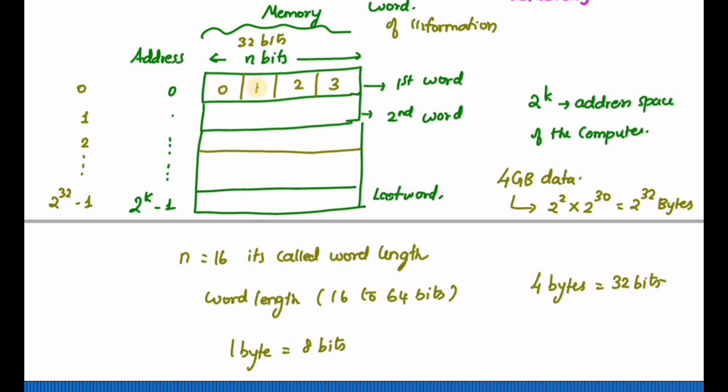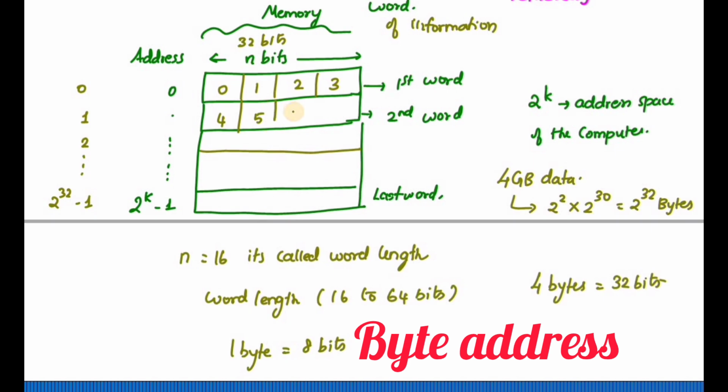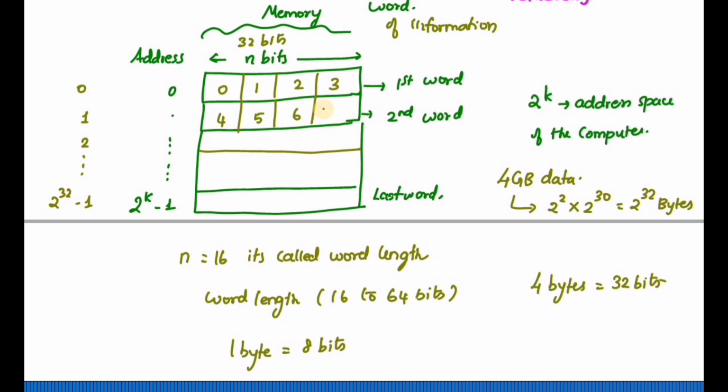This is the 0th byte, first byte, second byte, third byte information, and it goes on with 4, 5, 6, 7, and so on, then 8, 9, 10, 11.